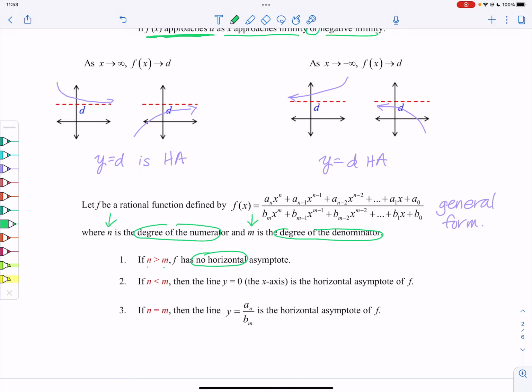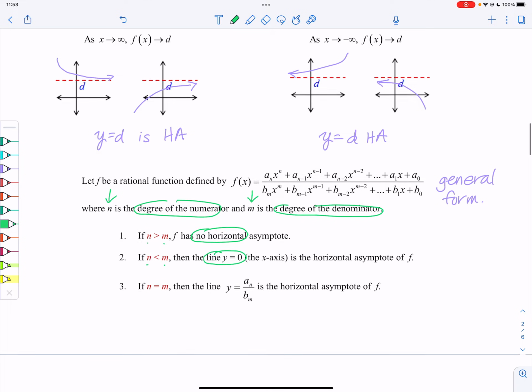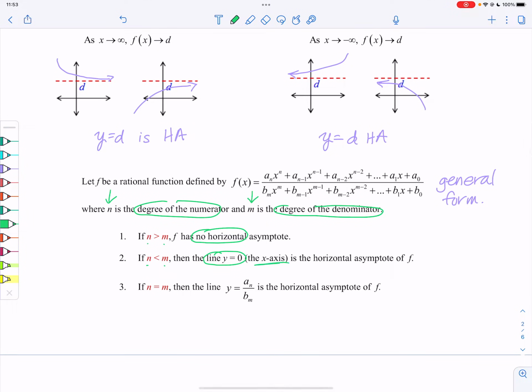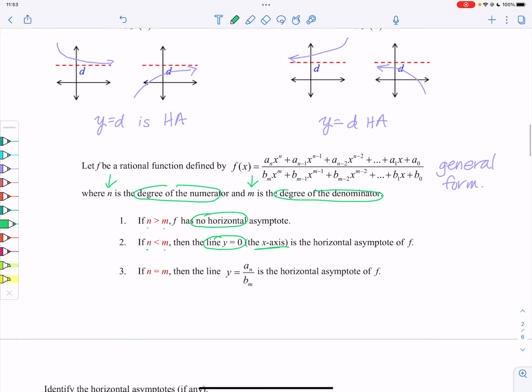If the degree of the numerator is less than the degree of the denominator, then the line y equal to 0 is a horizontal asymptote, and that happens to be the x-axis. And if the degrees are the same, we will make a ratio of the leading coefficients. And that is going to be our horizontal asymptote.